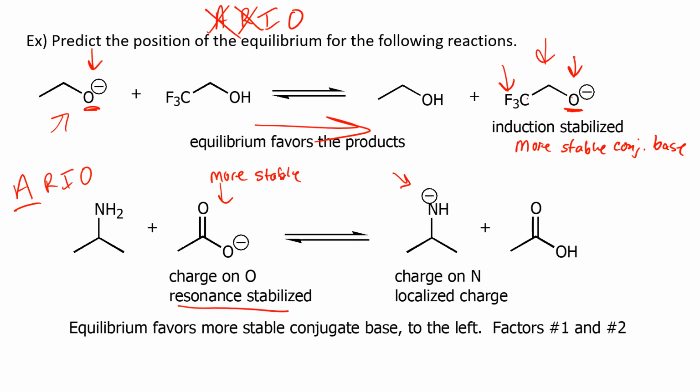Also, we have resonance stabilization. So it's more stable due to both factors, but really we can make our decision on our first factor, the atom factor. We have a more stable conjugate base in our reactants, so the equilibrium will lie to the left, favoring the reactants.